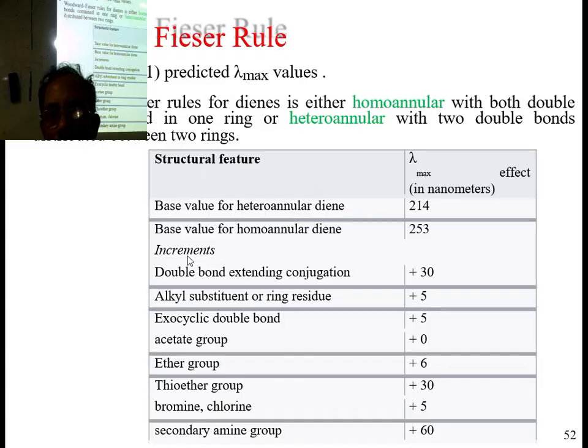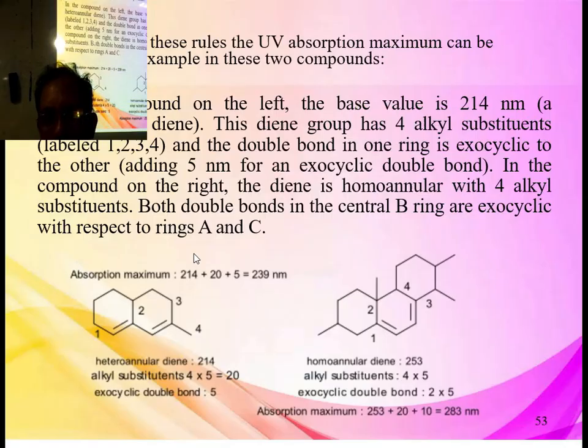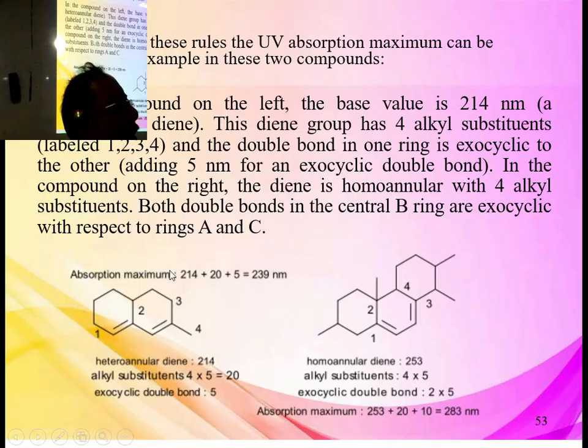Now coming to the Woodward-Fieser rule, in brief, I will not go into much detail. This is called heteroannular diene. Heteroannular diene means two double bonds are there, but both the double bonds are not in the same ring, though they are conjugated. For this type of molecule, we have a base value of 214 nanometers.